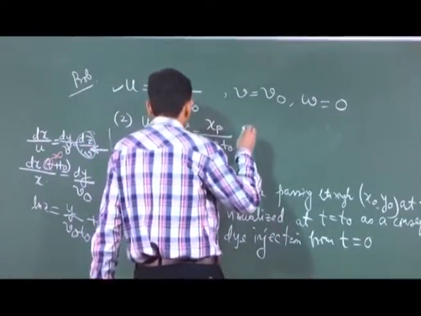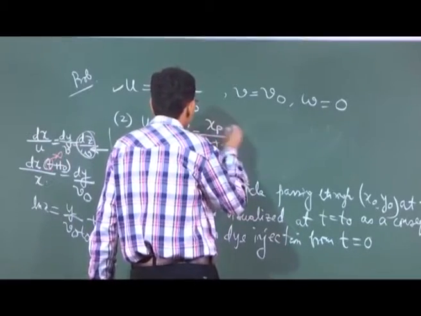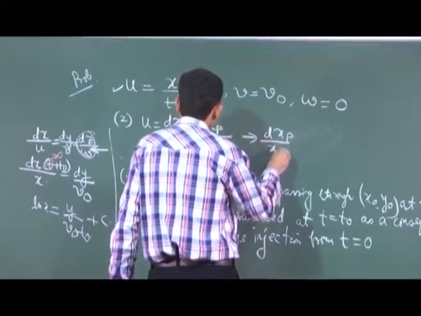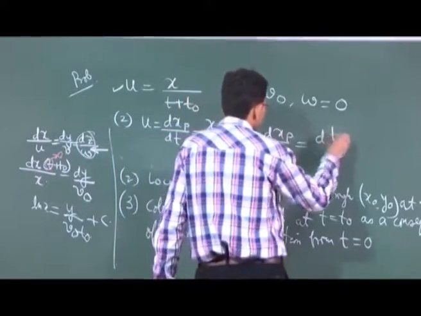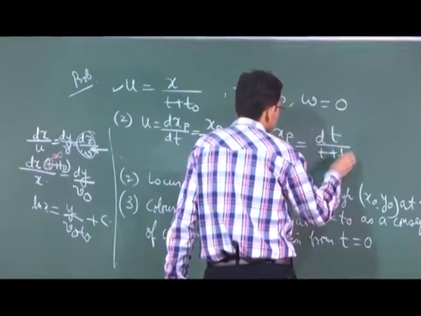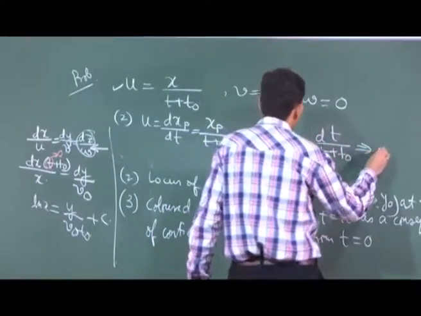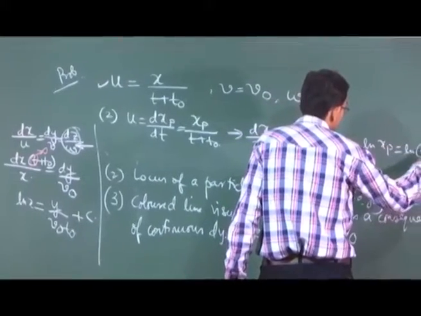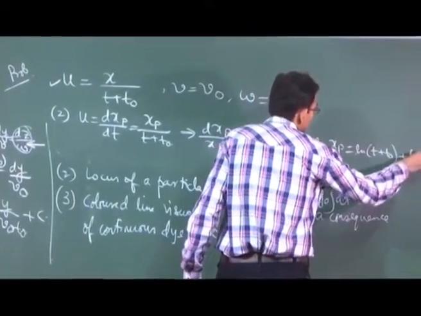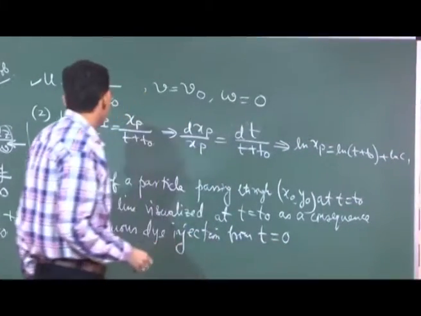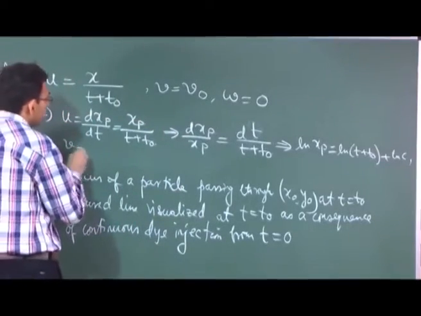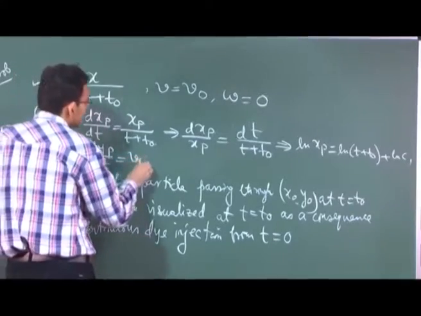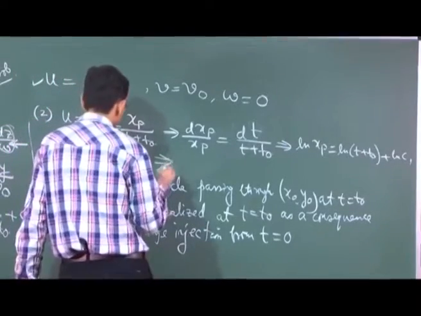So, we can simply find this locus by dx by x, and this will give you x and y.